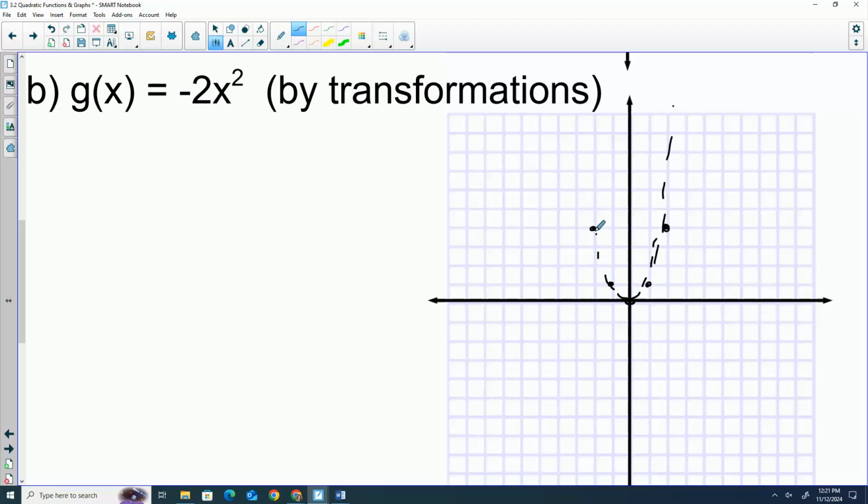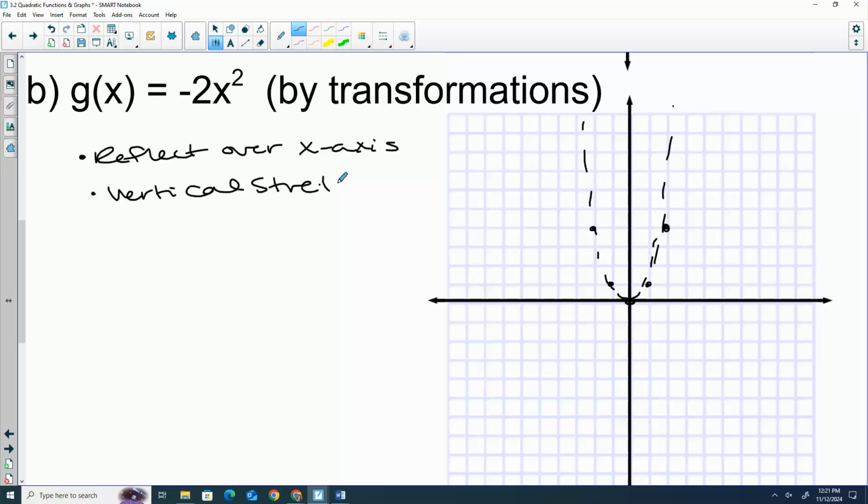Okay. So what transformations do I have here? What's the negative in front do? Over the x-axis, and the 2, I heard somebody say, stretches. All right, another way to think about it, the negative 2 is in front.